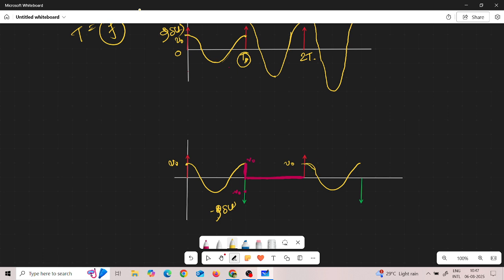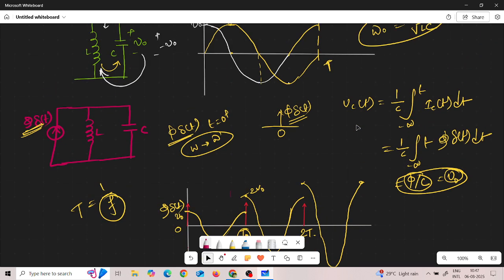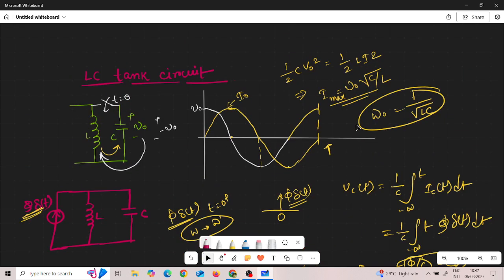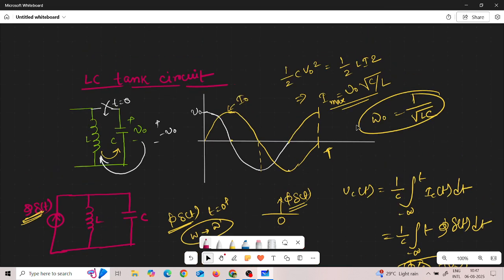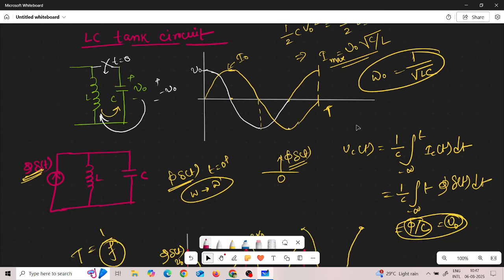Again when a negative impulse comes, it cancels this out, and again it becomes 0. I hope you understand this. So this is the beauty of this circuit, and all this happens because both the inductor and the capacitor are lossless.